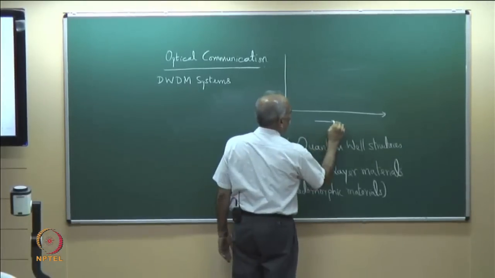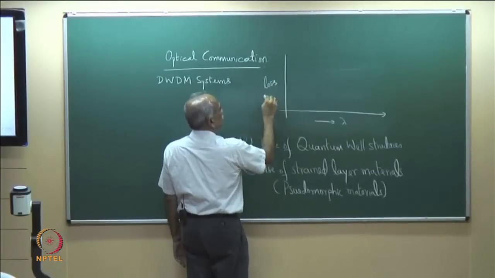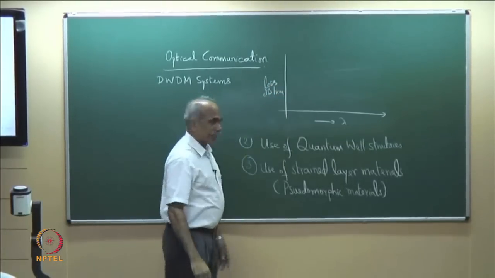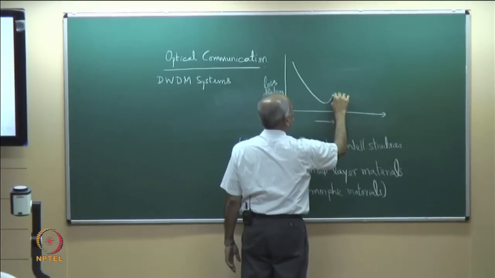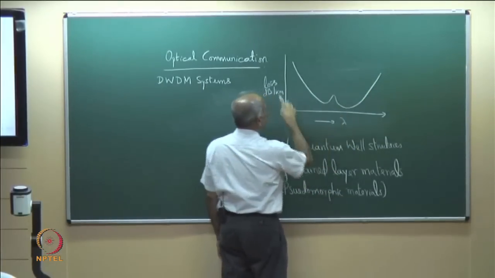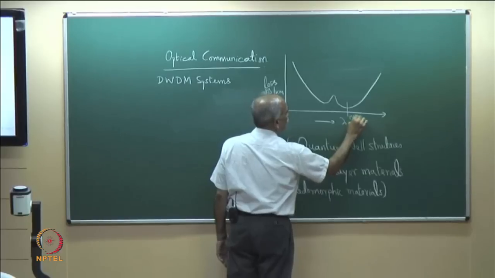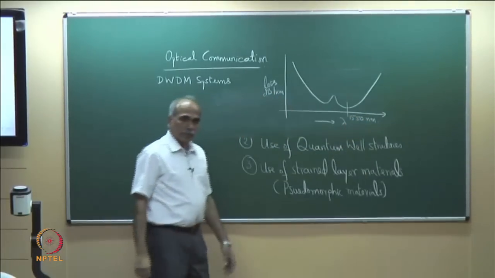If you see wavelength versus loss in dB per kilometer, which is a standard graph, the fiber shows a low loss window centered around 1550 nanometer.